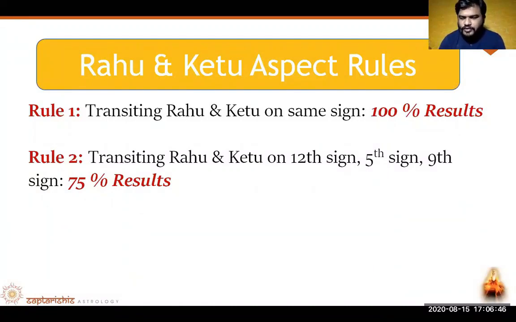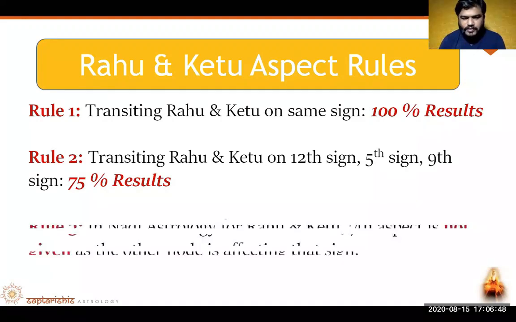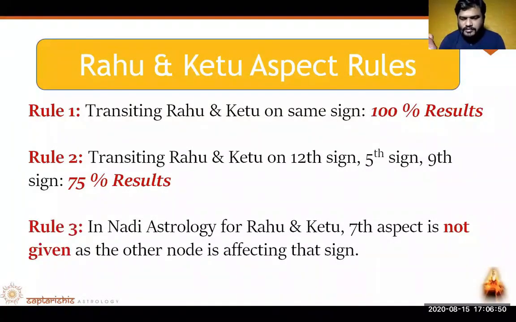In rule 1, it will give 100% result. And rule number 3 is that in Nadi astrology, generally we do not take the 7th aspect. The 5th and 9th aspects are taken. But you can also include the 7th aspect as per your convenience.